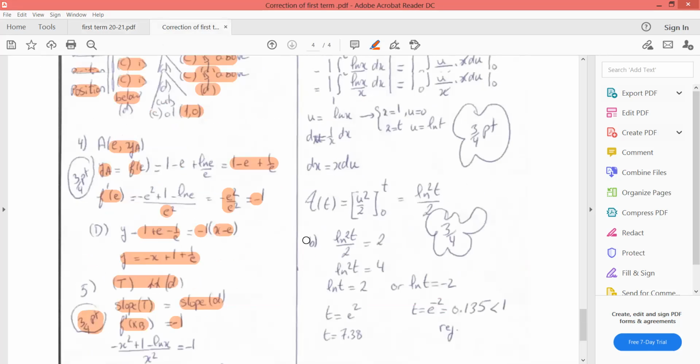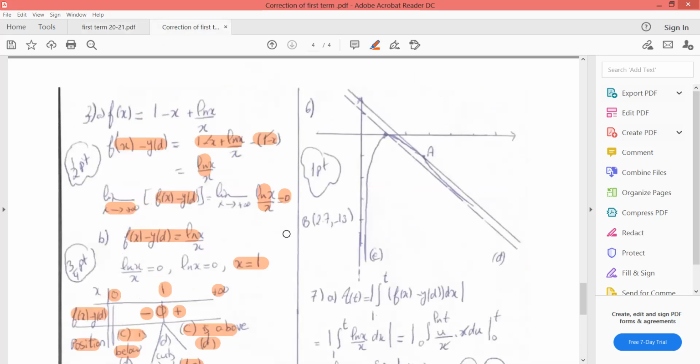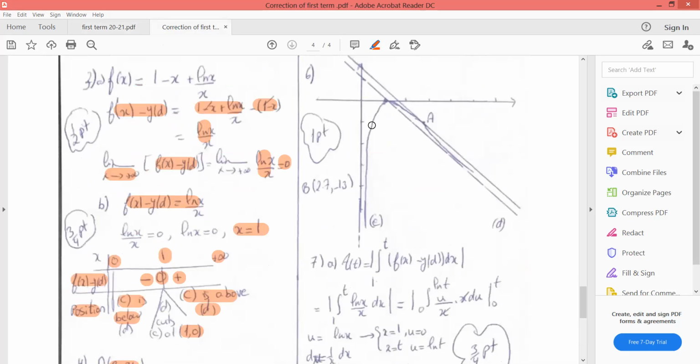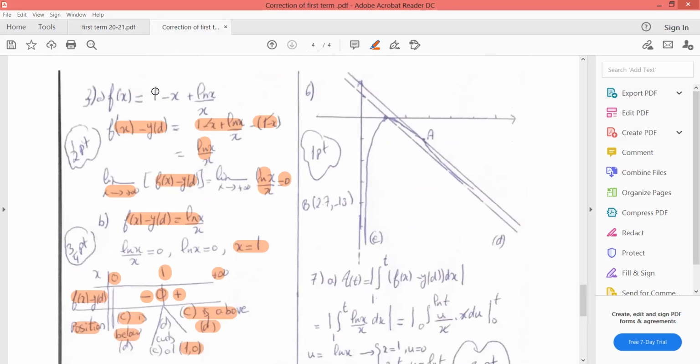So first we have the line y equals 1 minus x. This is the line y equals 1 minus x here. For x equals 0, y equals 1. This is the point. For x equals 1, y equals 0. This is the other point. So this is the line D.